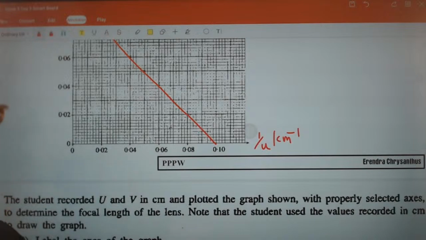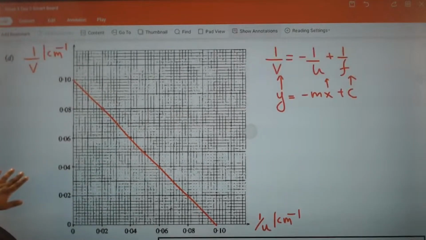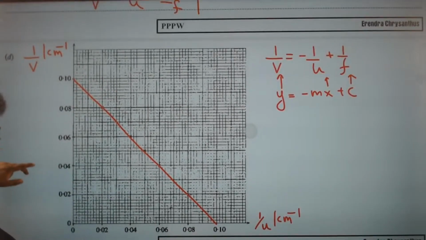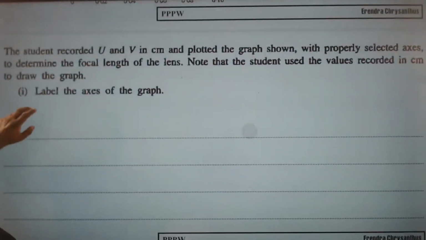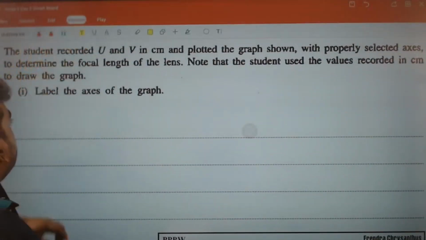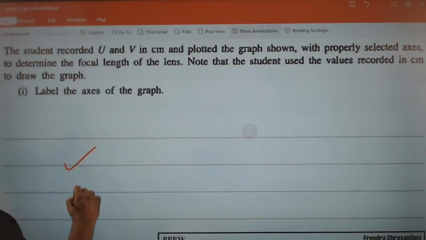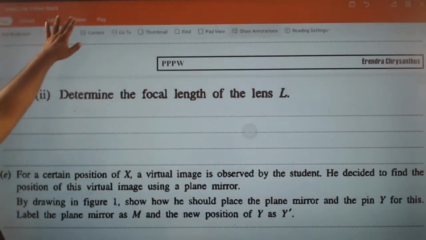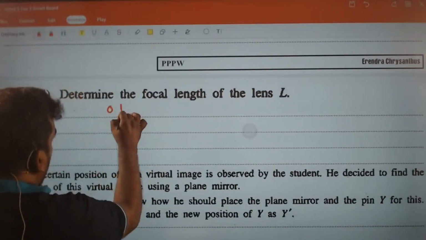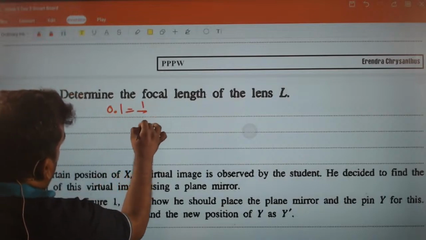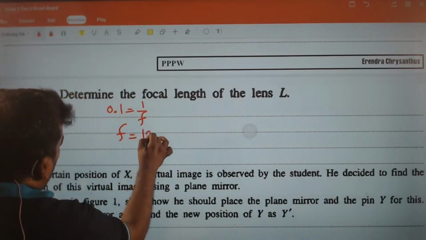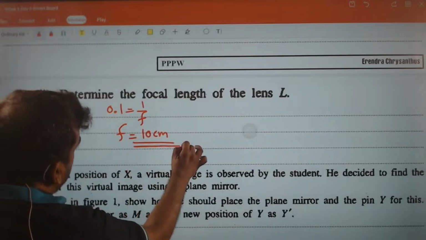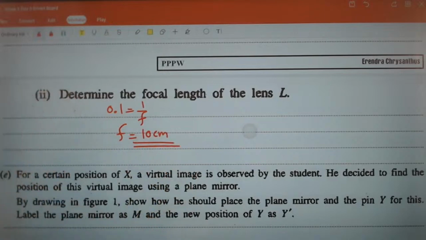Now your y-intercept will be 1 over f, 0.1. So label the axes, done. Determine the focal length. Y-intercept is 0.1, which is 1 over f. F is equal to 10 centimeters.